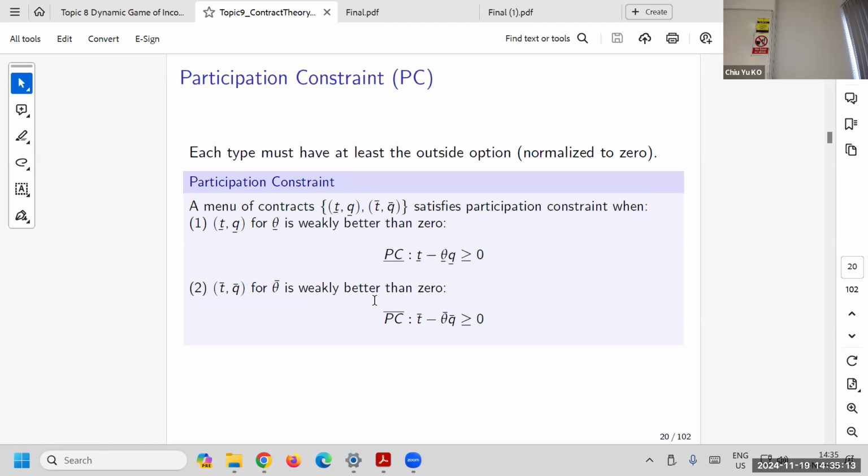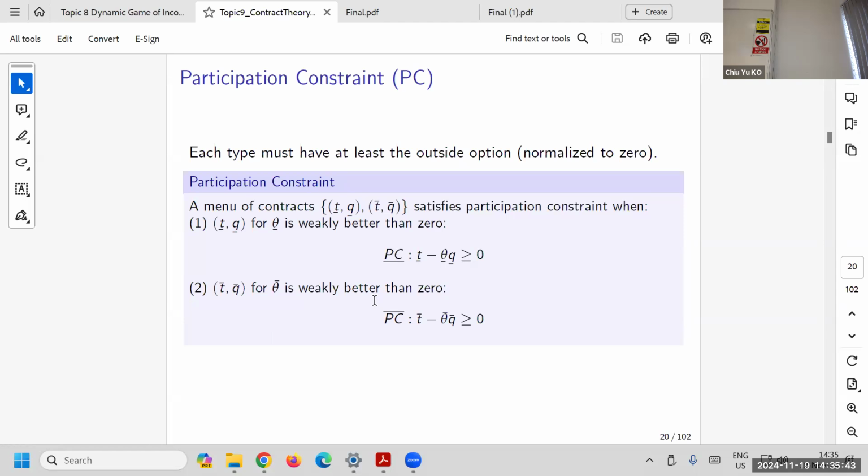So the payment over the variable cost should cover the fixed cost, right? But we set F normalized to 0, so that means that low type is non-negative and high type is non-negative. Have fun, and your model can be changed accordingly.